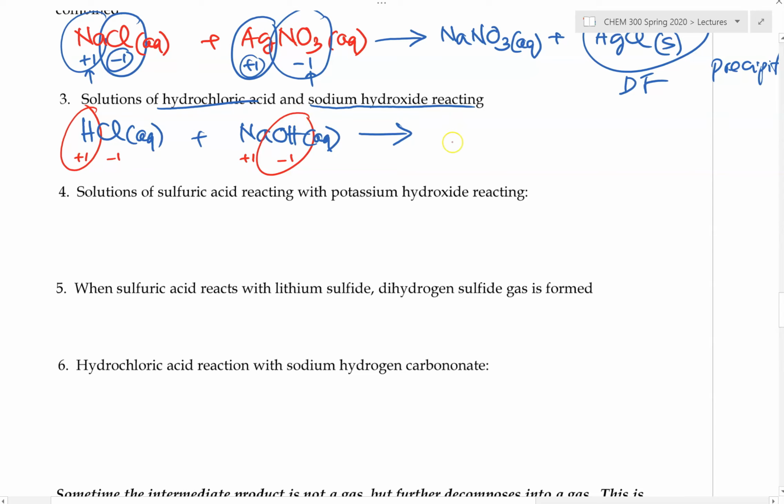Because in this reaction, the driving force is not a precipitate but the formation of a molecular compound. This product is water, and it consists of nonmetals, hydrogen and oxygen. So this is our driving force, and it is a molecular compound.